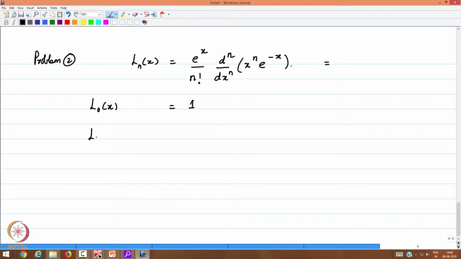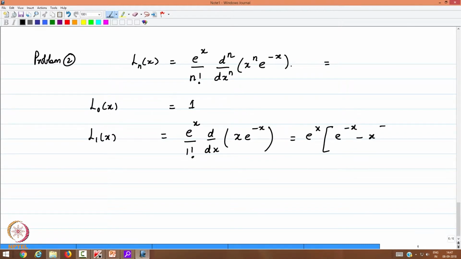L1 of x is the first derivative, e^x by 1 factorial, n is 1, d by dx of x e^(-x), which gives e^x times e^(-x) times (1 minus x). The exponential cancels out, so it is 1 minus x.